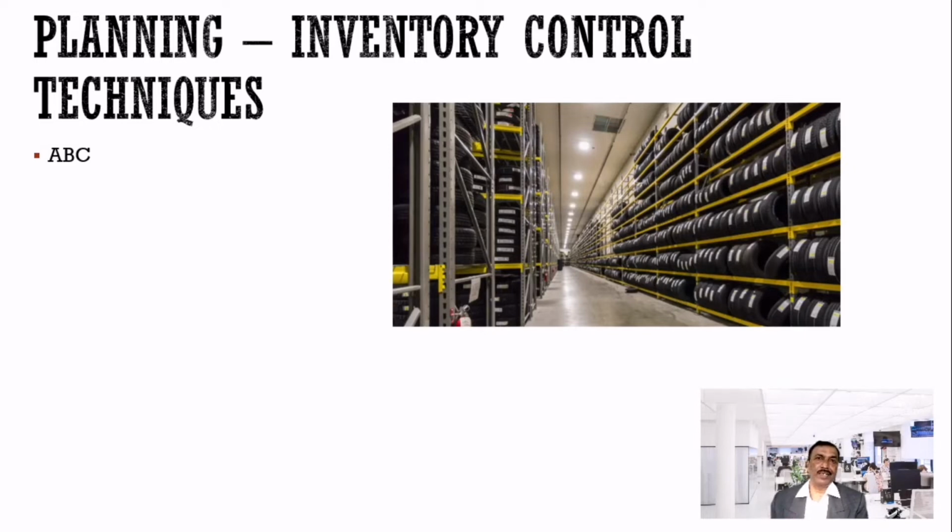We are classifying our inventory so that we can give a different focus. Of course, A is a high priority item, B is medium priority, C is low priority. When we say ABC, we are not only classifying the item based on individual value, but we are combining it with the consumption. First, we list the items and take the annual consumption of each item, then multiply the value with the consumption and sort it.